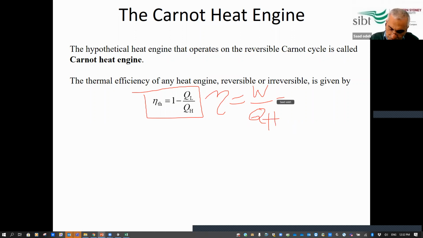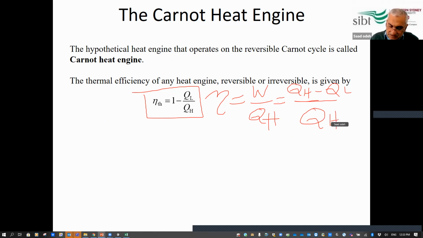And the output is W, we can say W is equal to QH minus QL, divided by, of course, QH.